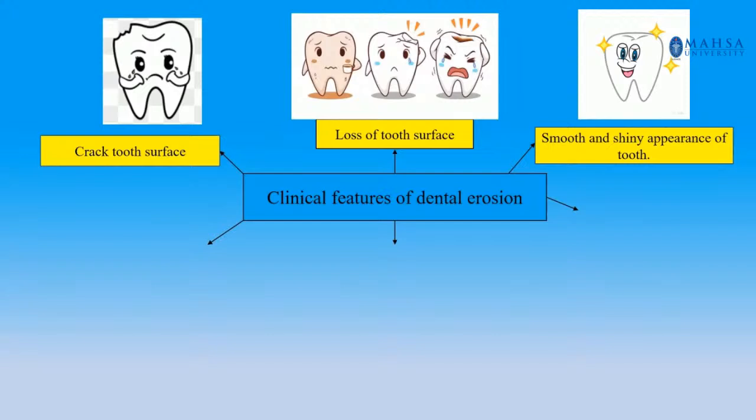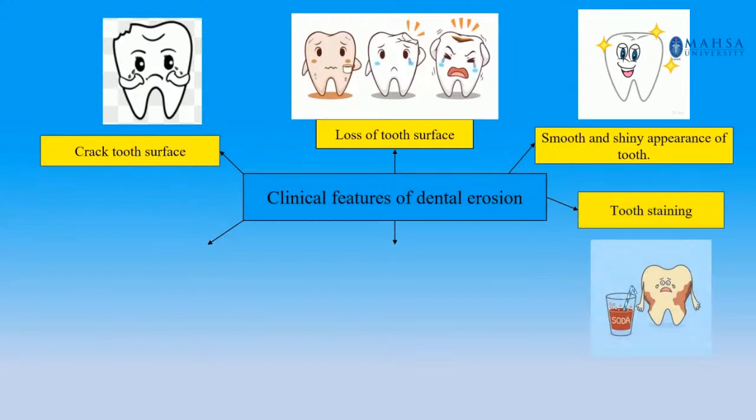This is due to the loss of outer tooth surface and exposing more of the tooth structures below the tooth enamel, which makes the tooth more shiny. After that, the common clinical feature that can usually be seen is staining of the tooth. This is the same effect as drinking coffee, where the extrinsic tends to stay on the tooth.